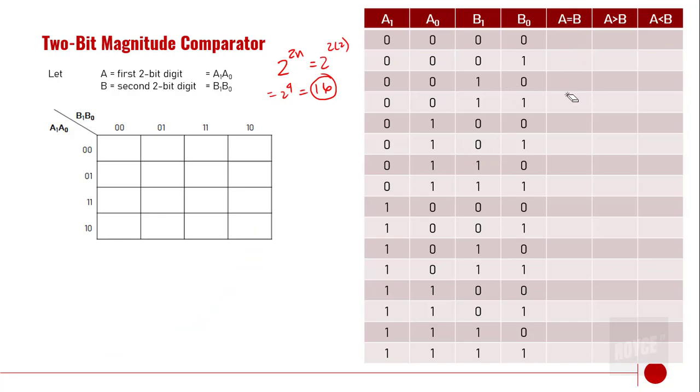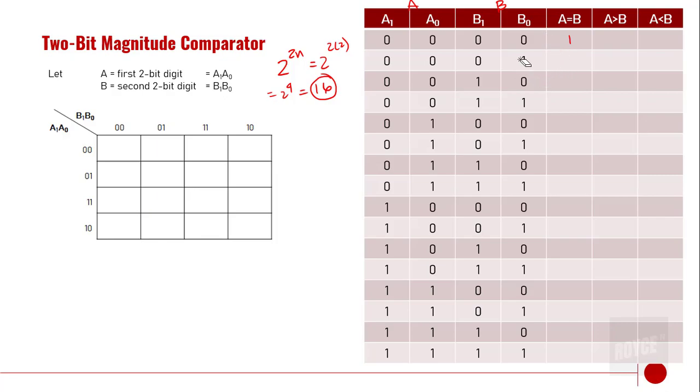So, dito sa unang output, hanapin ko alin yung mga equal. So, mapapansin nyo dito sa una, 0000, digit A and digit B are actually equal. They're both 00. So, I will put a logic 1 dito sa output.